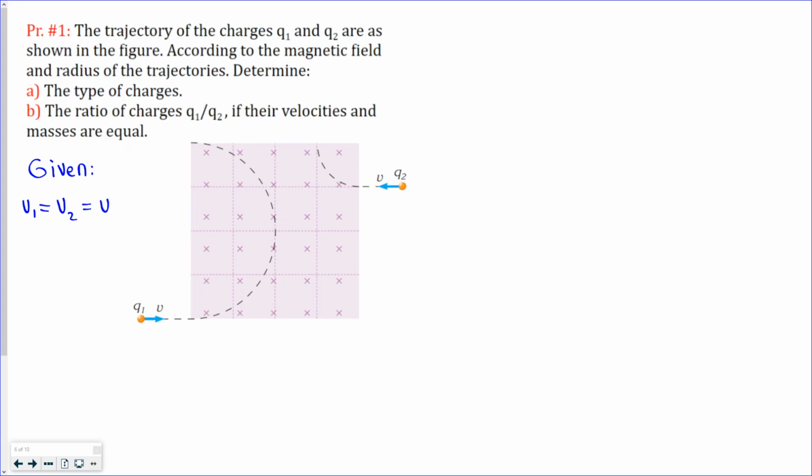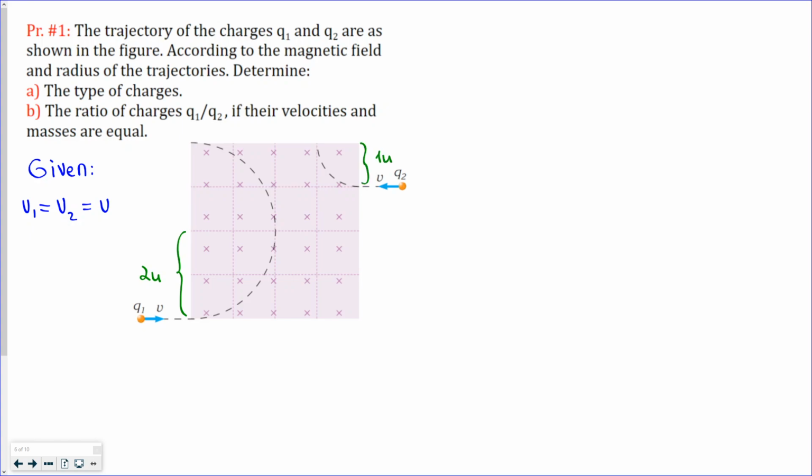We also can find the radius of the trajectory comparing the circles. So this is 2 units, the radius of the first charge, and this is 1 unit.